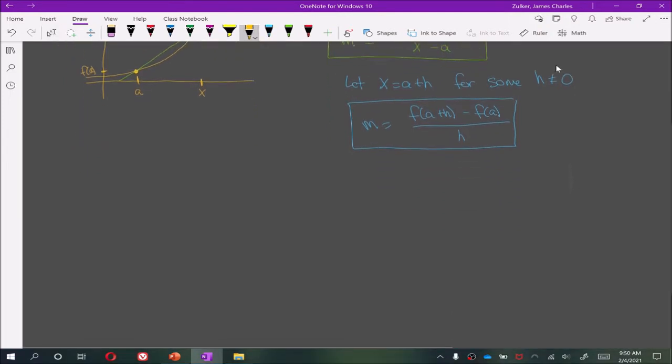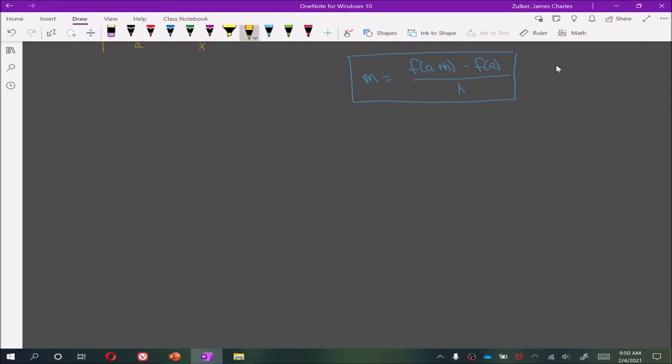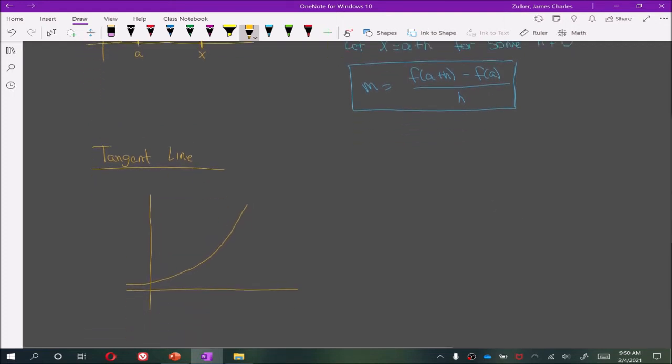Now recall a tangent line of a graph. So let's try and draw the same graph. Yeah, that looks good enough.